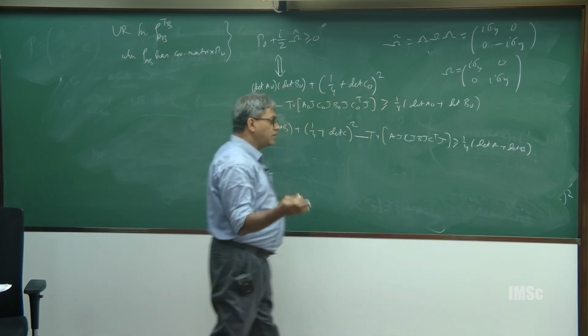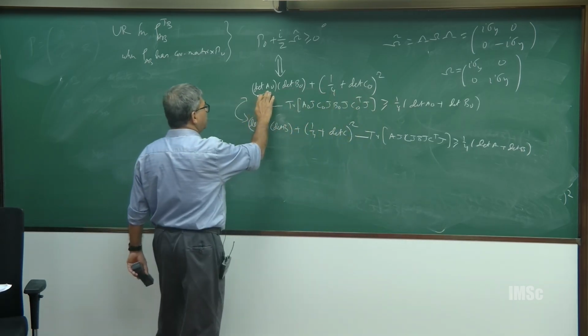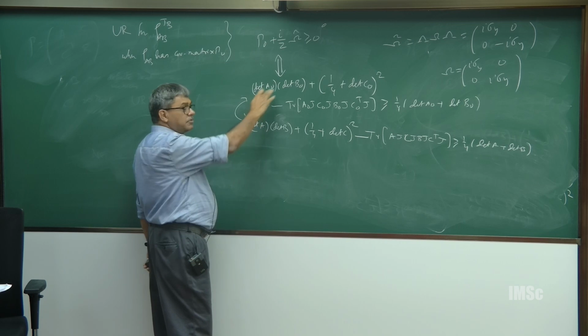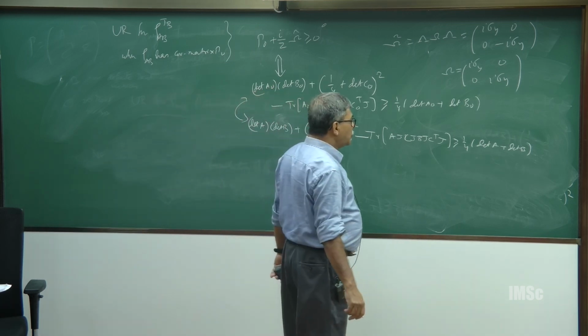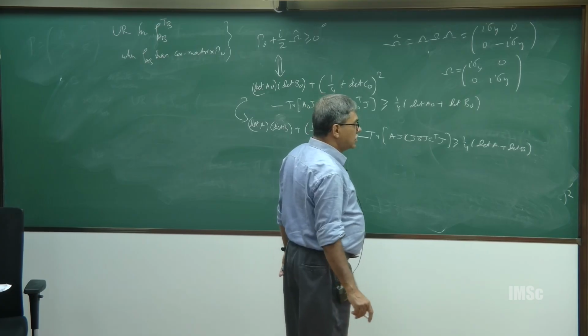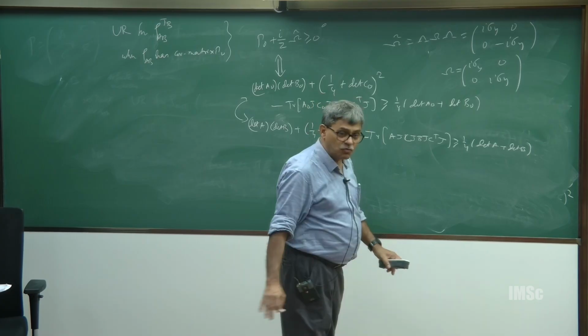Because as we have discussed, determinant of A0 is same as determinant of A, determinant of B0 is same as determinant of B, and so on and so forth. Therefore, this completes the proof.